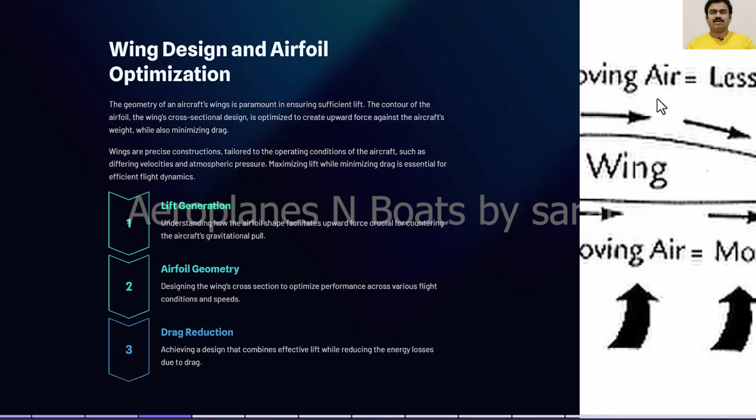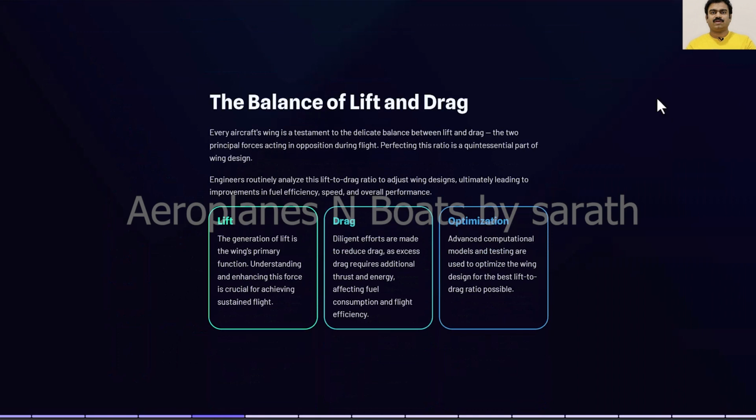So drag, we must always minimize. So in the end, a lot of attention is put into optimizing the geometry of the wing, particularly in order to optimize the ratio between lift, the upward force, and drag.